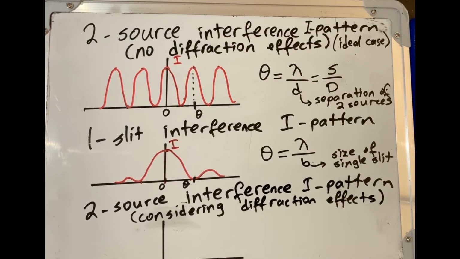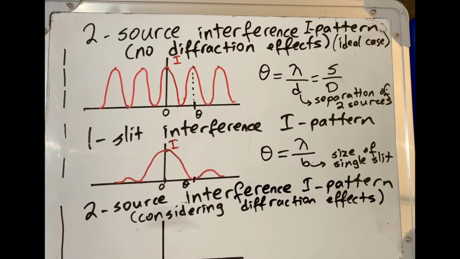Two-source interference intensity pattern with considering diffraction effects. In the first case, we had 2 point sources. In the second case, we had a single slit. Now in this third case, I'm going to consider two sources which are not narrow enough to be considered as point sources.